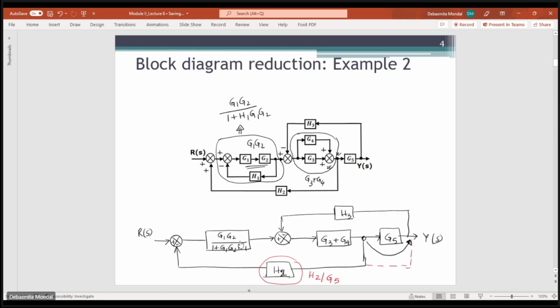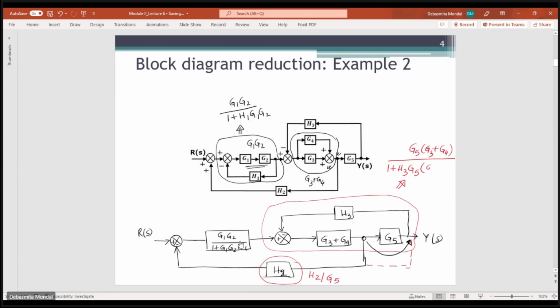Then, ma'am, now the G3, G4, G5 and H3 we can replace by its transfer function. Yes, now this part you can replace. This is a negative feedback loop. This one will become G5 into G3 plus G4, divided by 1 plus H3 G5 into G3 plus G4.